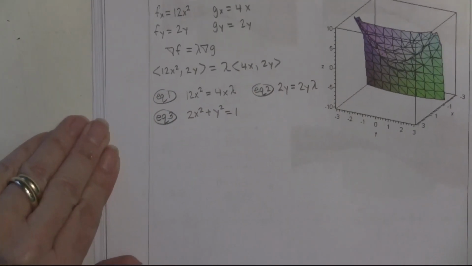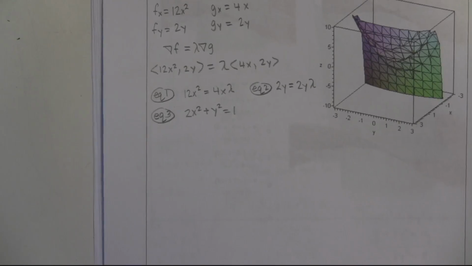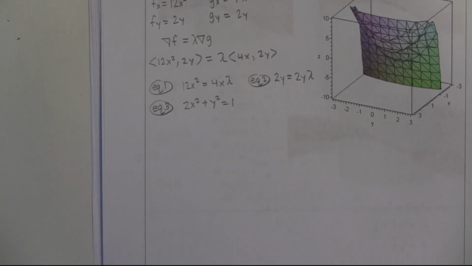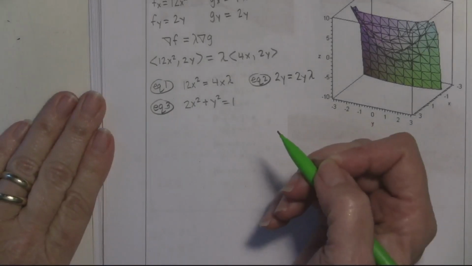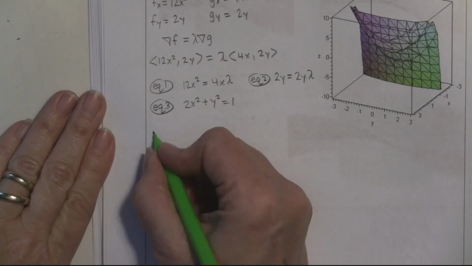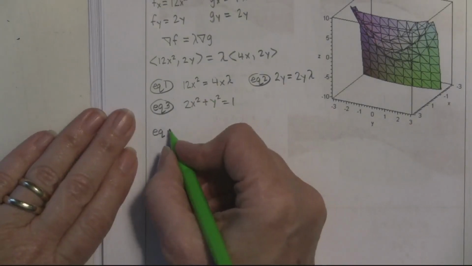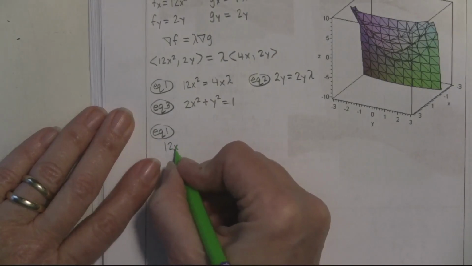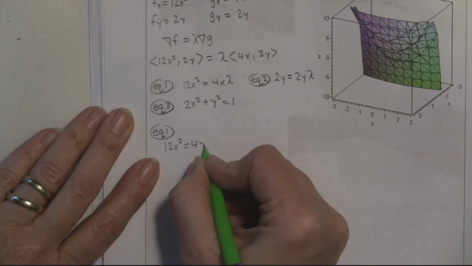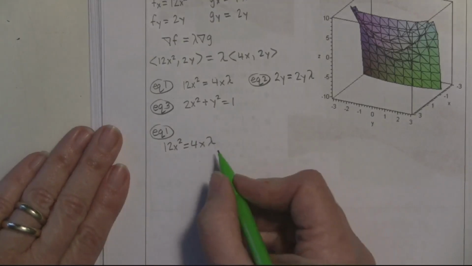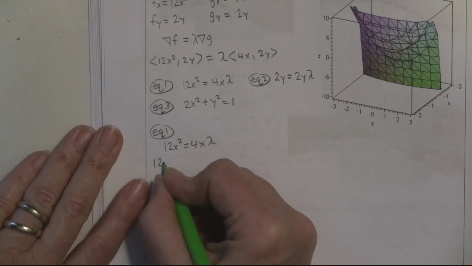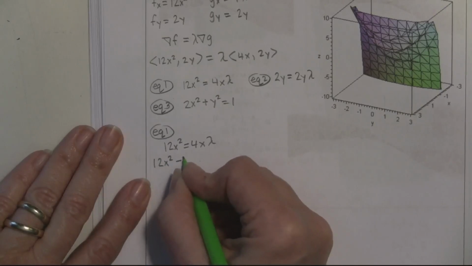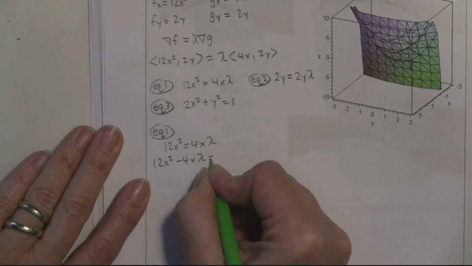Okay, so we did a lovely job on looking at that. Now, when I start looking at these equations, if I look at equation 1, because it doesn't have x's and y's in it, it just has x's, I get 12x squared equals 4x lambda. So if I get 0 on one side, I get 12x squared minus 4x lambda equals 0.